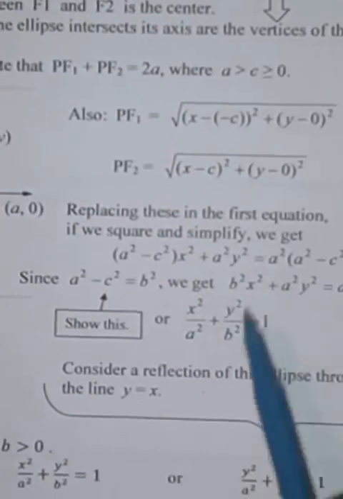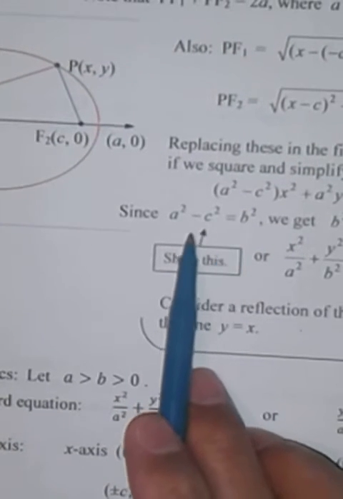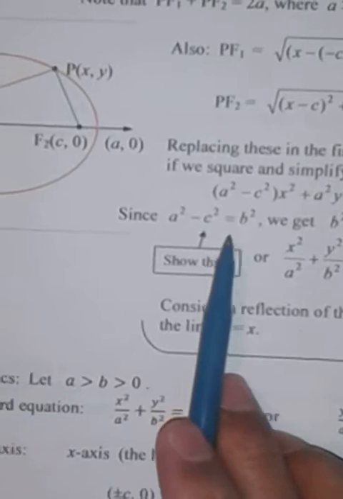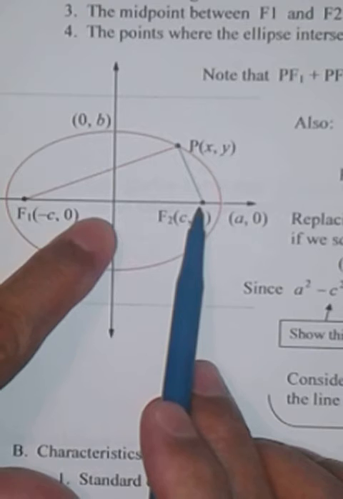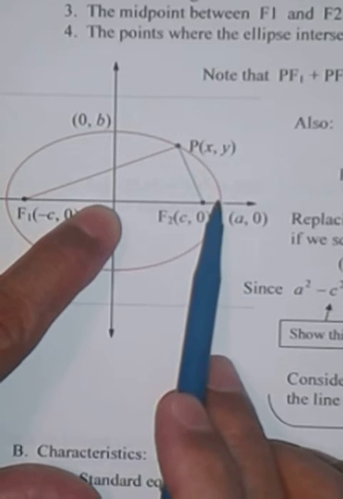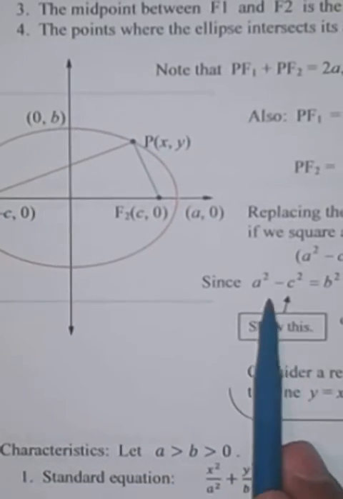Okay, and I also want to look at this: a squared minus c squared equals b squared, or we can think of that as a squared equals b squared plus c squared. All right, there's b, there's c, the distance to the focus, and there's a, the length to the vertex. Okay, so how do we know that that's true?